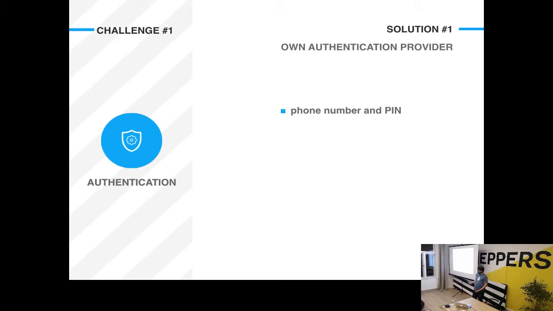This is enabled thanks to the plugin system in Drupal 8. I picked phone number and PIN because in Slovakia there is a branch of an electronics shop, and they are authenticating this way, and I see it's quite a good way to authenticate.